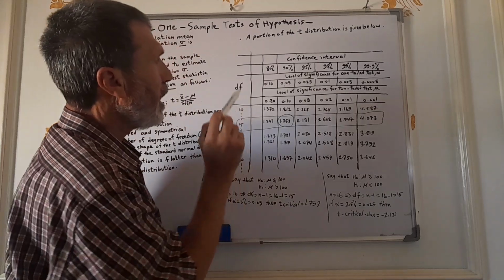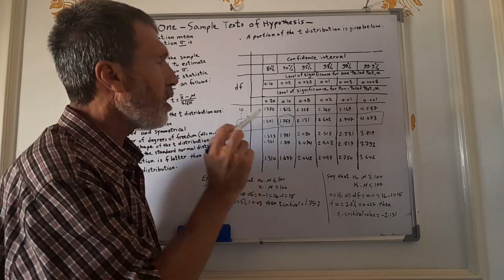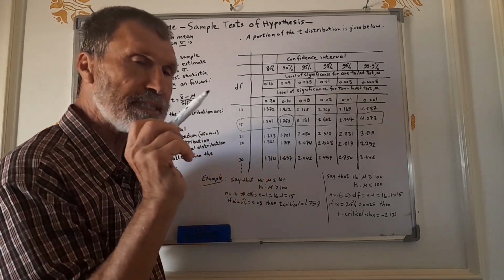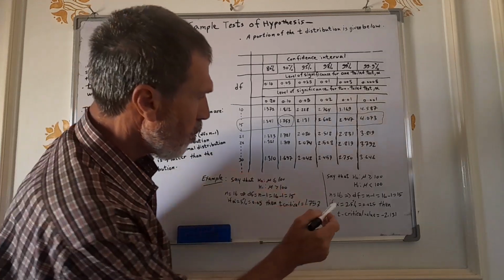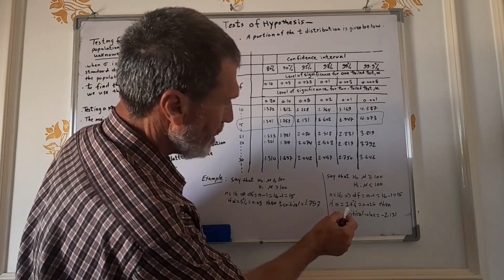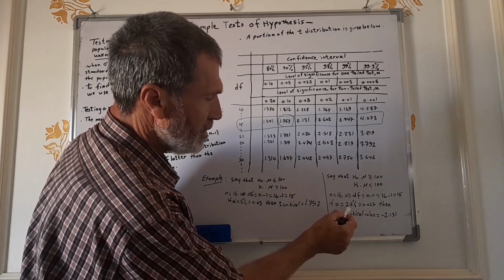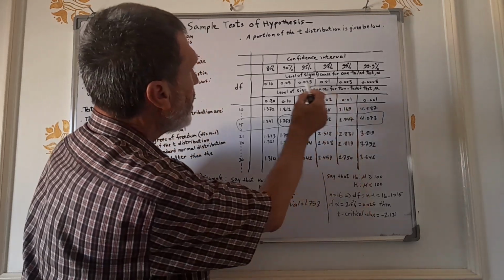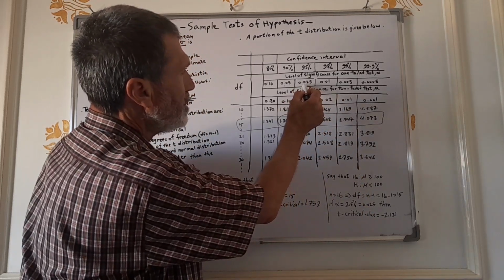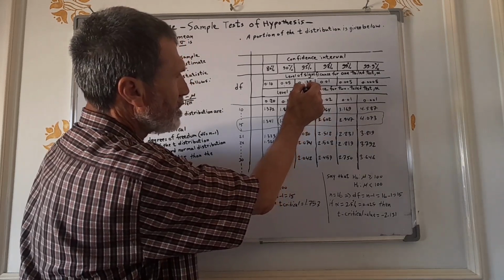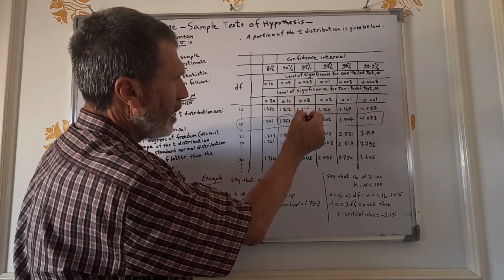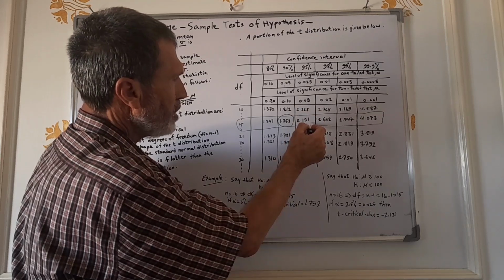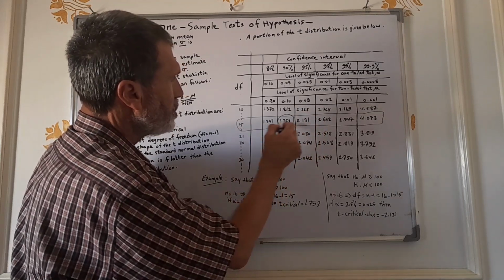Then locate the column with the selected level of significance. What is the selected level of significance? It is 2.5%, that is 0.025. Where is 0.025? It is here. Okay, so I move down this column all the way until it intersects the row with 15, which is here.